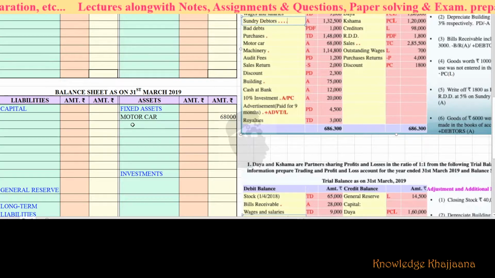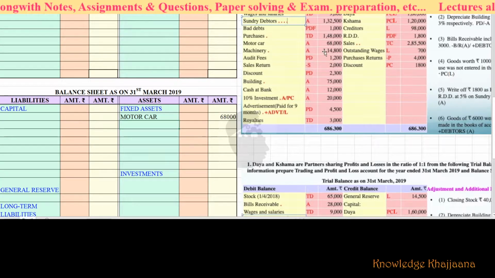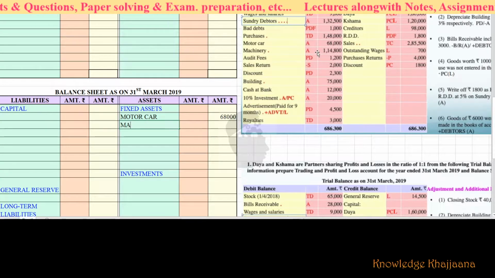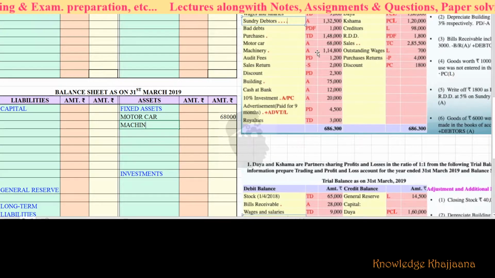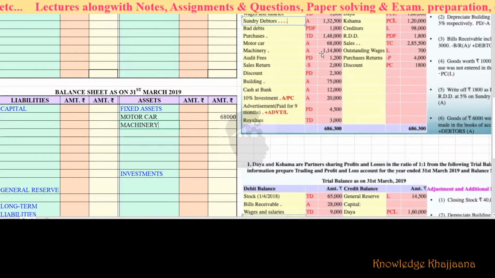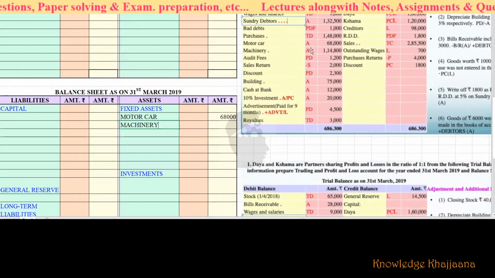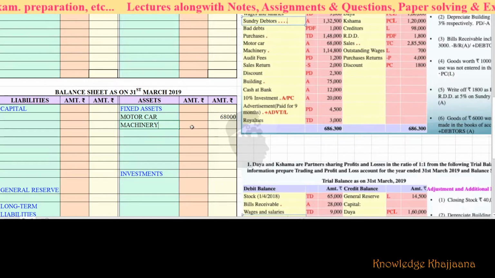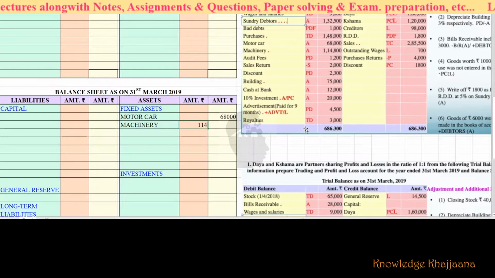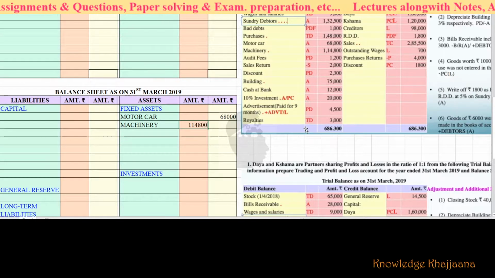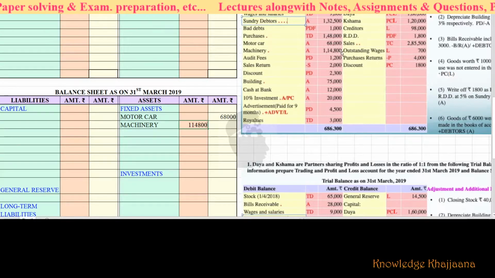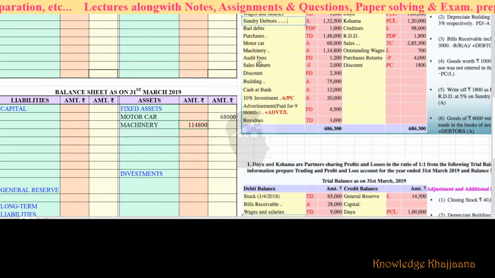Then machinery. Machinery is again an asset. How much is the amount of machinery? There is an adjustment, right? So we write it in the inner column, 1,14,800. Machinery 1,14,800. There is an adjustment.